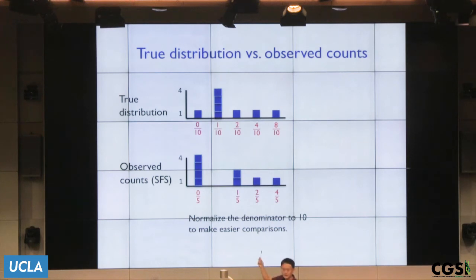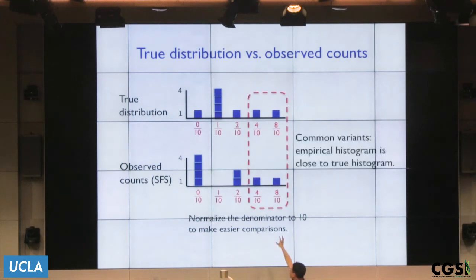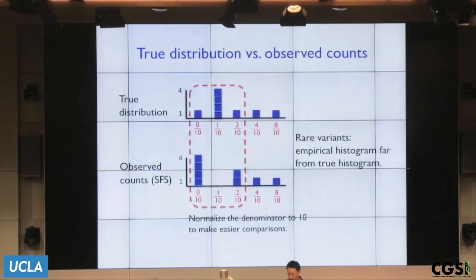But the thing that we're interested in here is: how different is the empirically observed site frequency spectrum from the true distribution, the one I would have if I had the entire population? They could be very different. In particular, for the variants that are more common in the population, the empirical one will be very similar to the true one because those variants are observed very frequently. But especially for the rare variants, my empirical SFS is going to be very different from my true distribution.